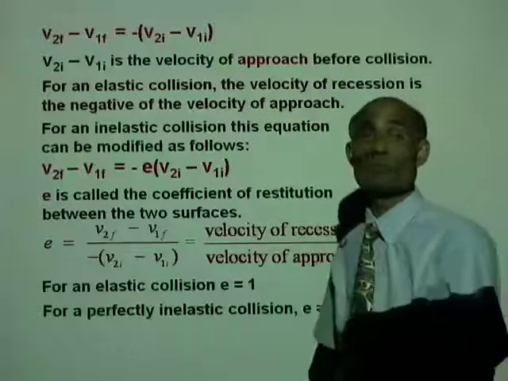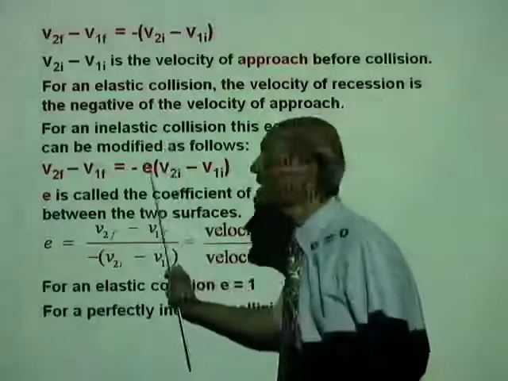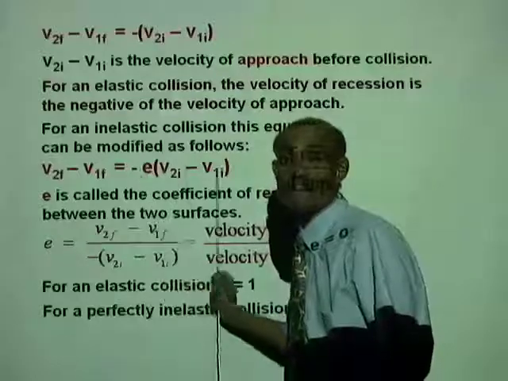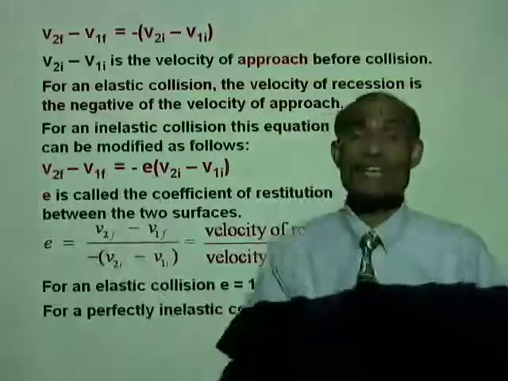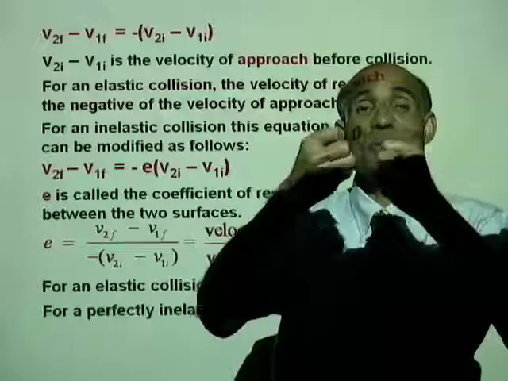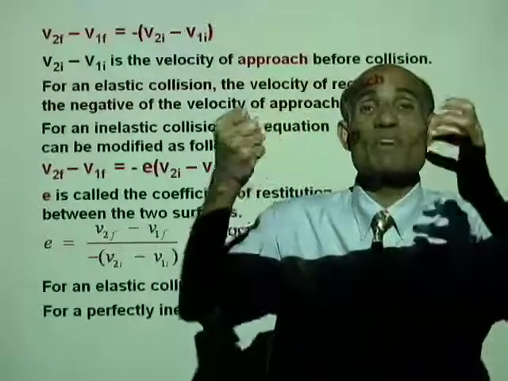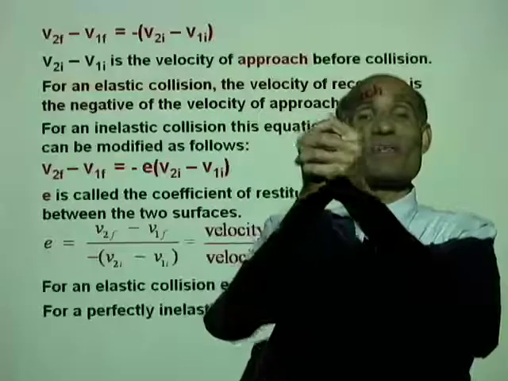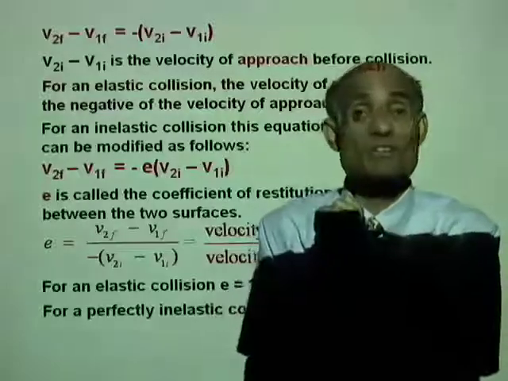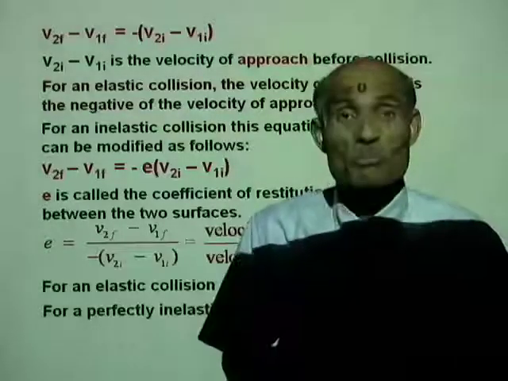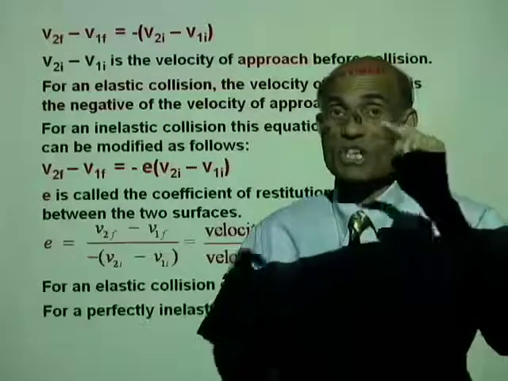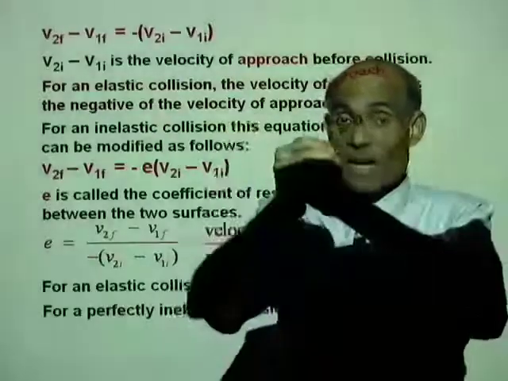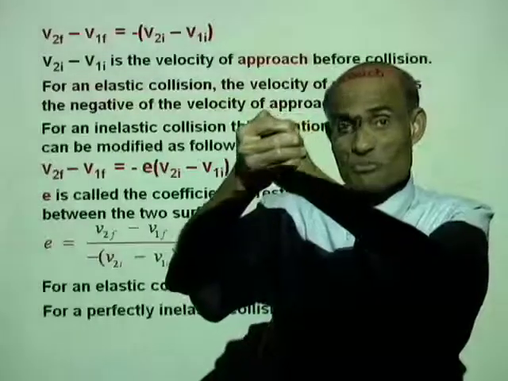But before I show you that, what is the value of e for a perfectly inelastic collision? e equals 0. What does that mean? When e equals 0, the right side is 0. It means the velocity of recession is 0. They will not be moving away from each other. They will be sticking onto each other. Remember our truck hitting a car, and the truck and the car becoming one object?